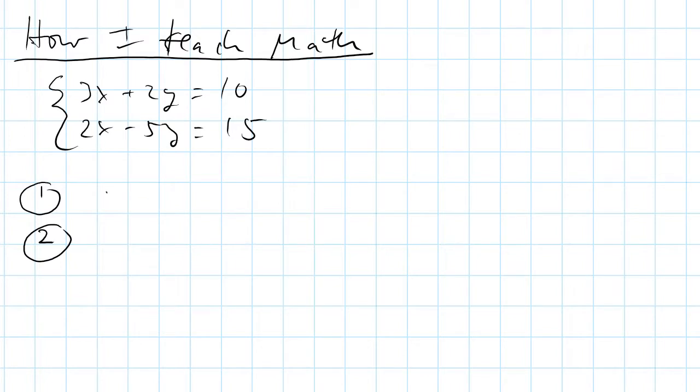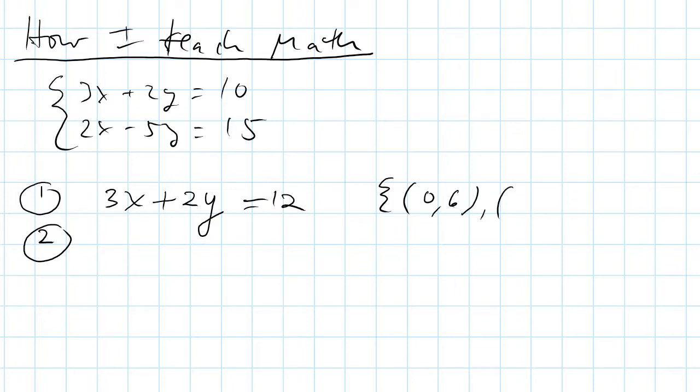Day 1 is the idea of systems of equations. The idea that 3x plus 2y equals 12 could have ordered pairs that make it true, like 0, 6 or 2, 3.